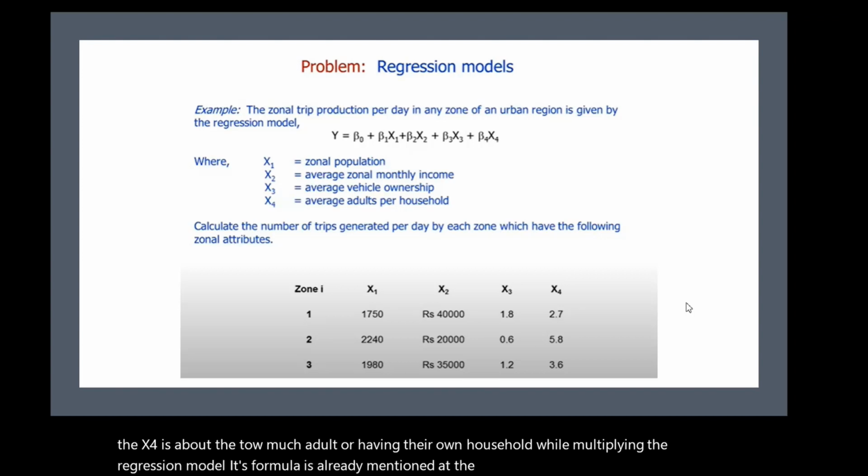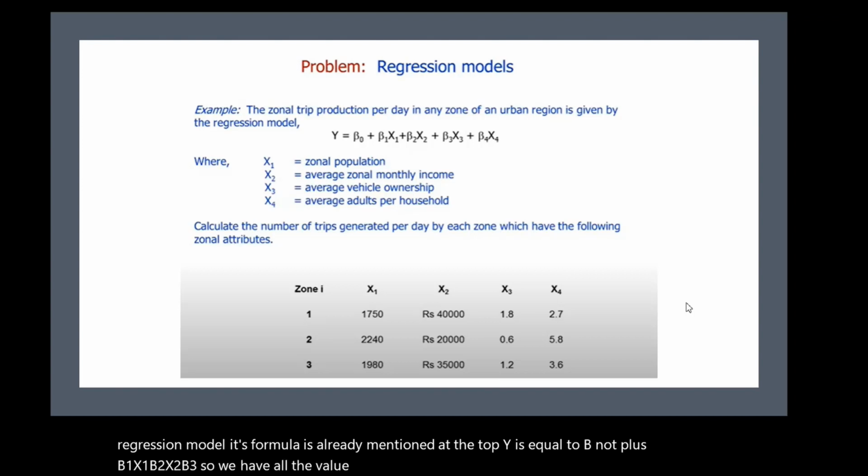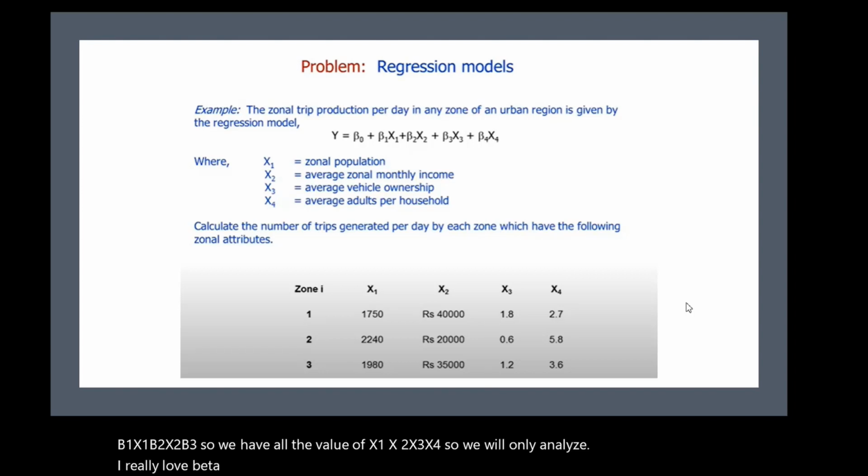Y is equal to B naught plus B1 X1, plus B2 X2, plus B3 X3, and so on. So we have all the values of X1, X2, X3, X4, so we will only analyze the values of beta. For the very first case, we will imagine some value for beta.